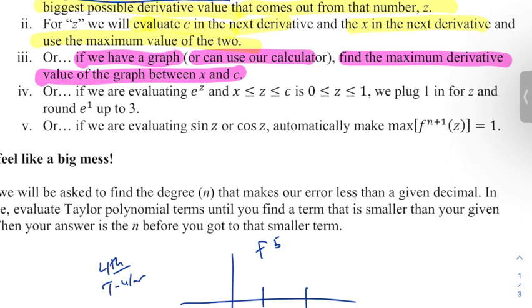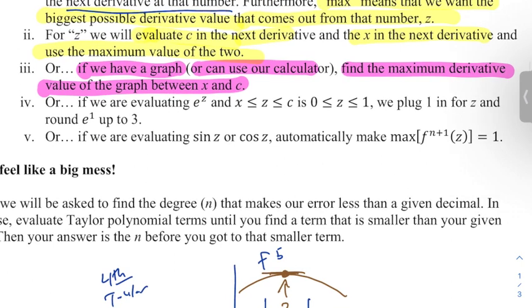Well, if they give us a graph of the 5th derivative, maybe that graph looks something like this. And then we see right there where the next derivative is equal to 0. That'll be our max. So we could use a calculator to find out what value here makes that max. So that could be the case if you have a graph or a calculator, that you might actually be able to find it somehow.